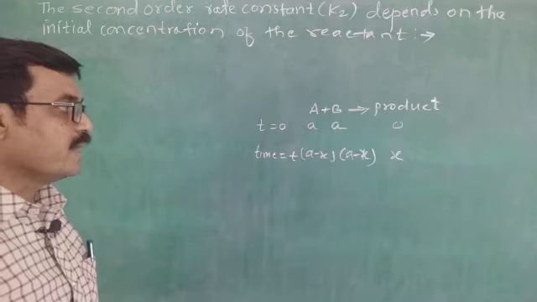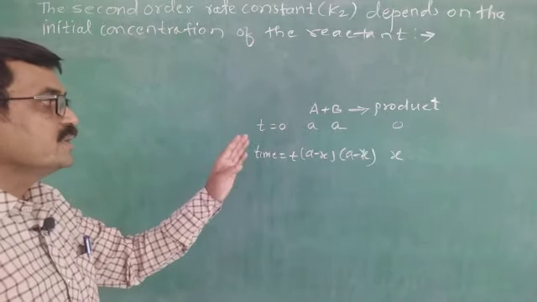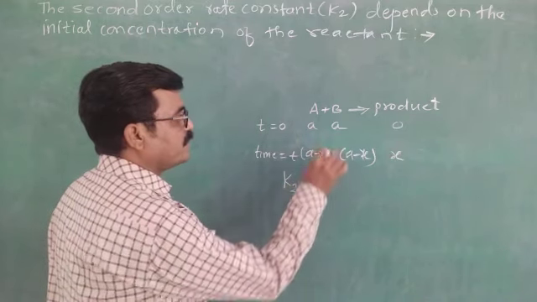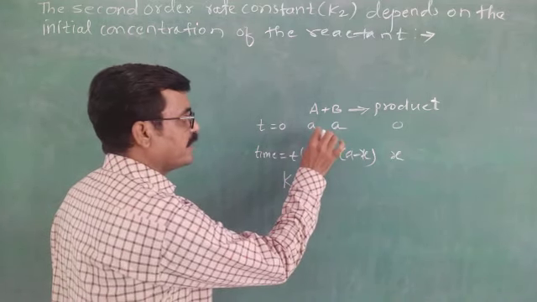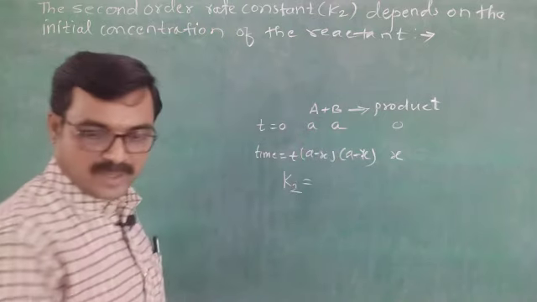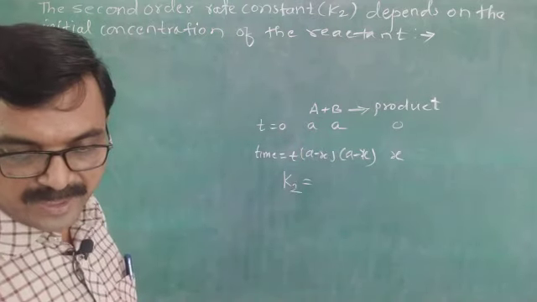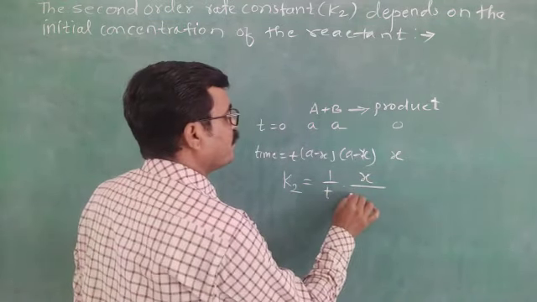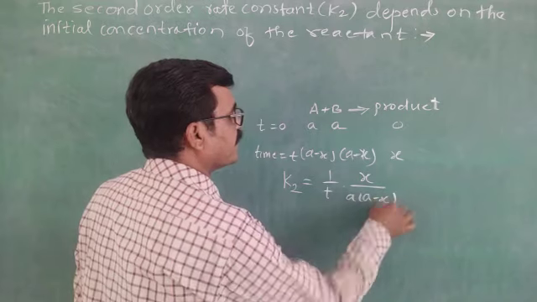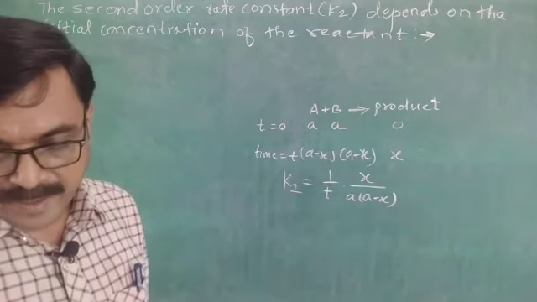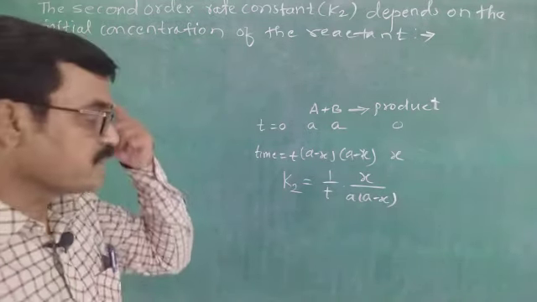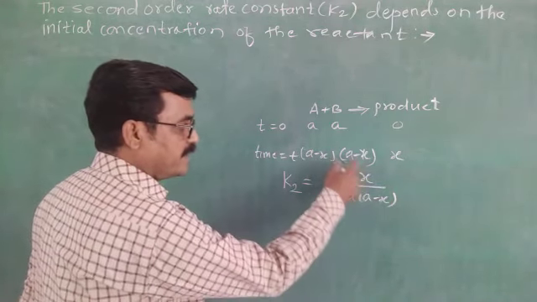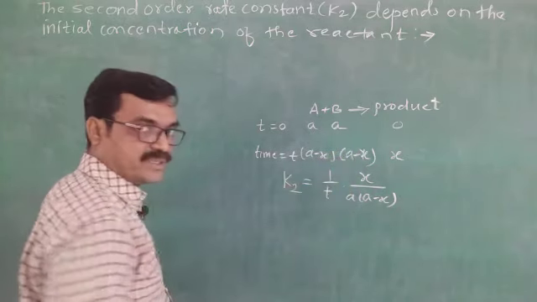Now from this, if we derive the rate constant, then the rate constant when the initial concentration of the reactant is A will be 1 upon t into x upon A into A minus x, where A is the initial concentration of the reactant, x is the amount of product formed at time t, and A minus x is the concentration of the reactant at time t.